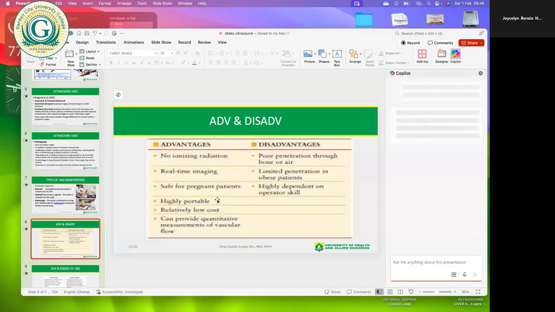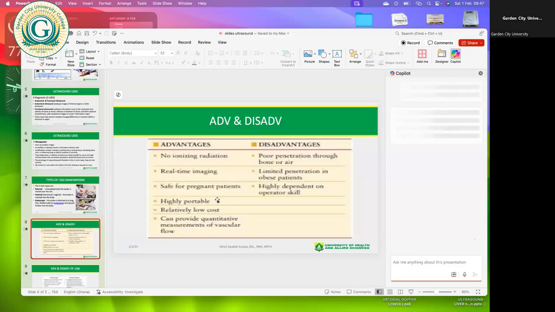So ultrasound equipment is very, very portable and can be sent anywhere and everywhere to perform specific examinations. Compared to other imaging modalities, it happens to be very, very cheap. An average ultrasound examination now may cost you 150 cedis, whereas an average CT examination would cost you somewhere around 600 cedis.